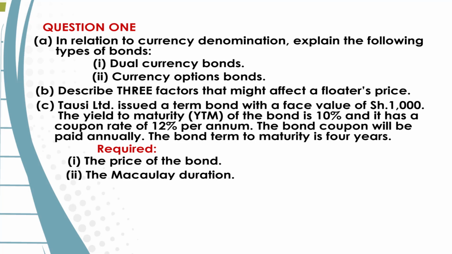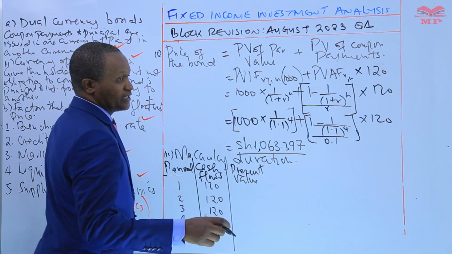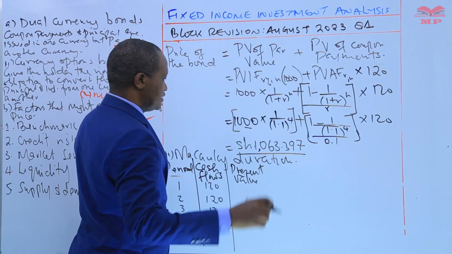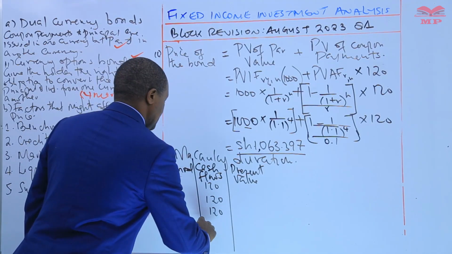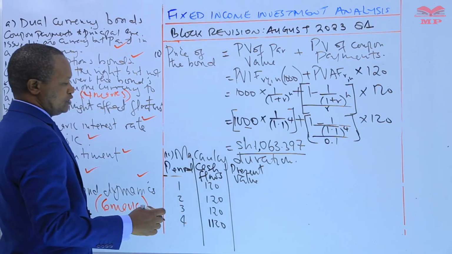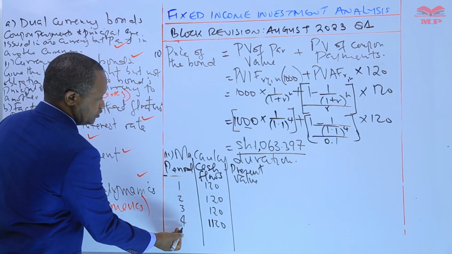The bond term to maturity is 4 years. All right, it is 4 years, which means in the 4th year we are going to have the 120 plus the principal, the 1,000 plus the principal, which will be equal to 1120. That will be the cash flow at the end of year 4.